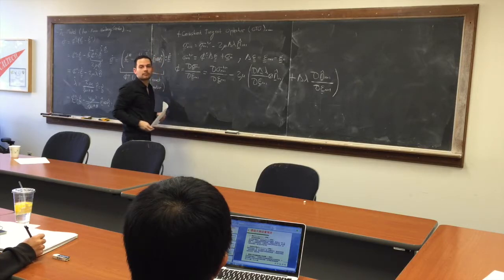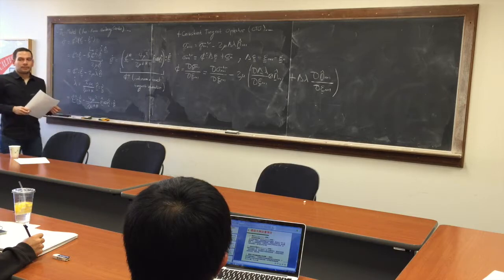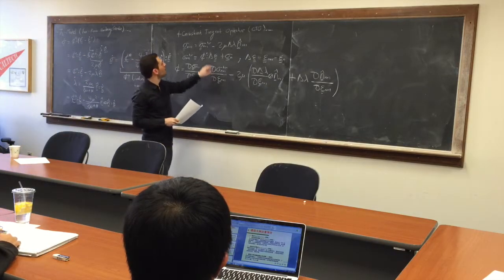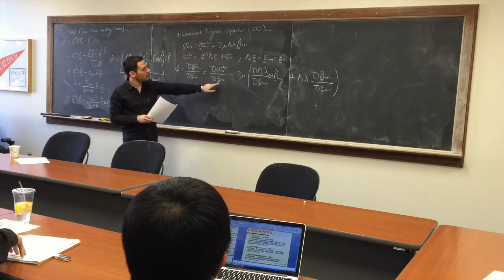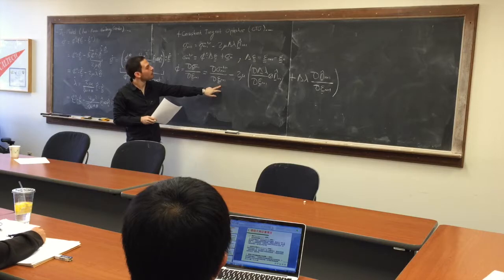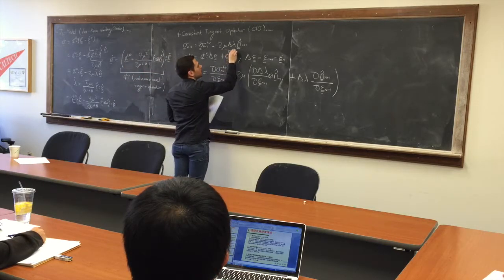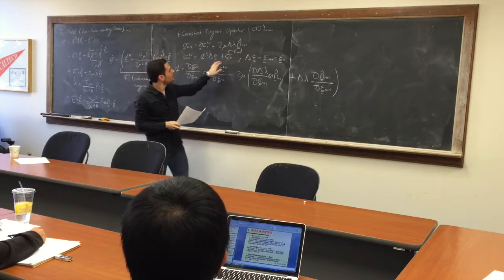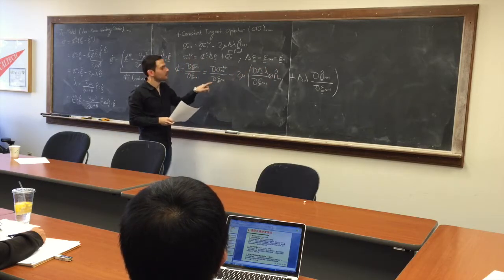What's this? Here we have sigma n plus 1 trial. We're deriving with respect to epsilon n plus 1. This is fixed. We know it. And then we have this, but delta epsilon is this. So what's this?